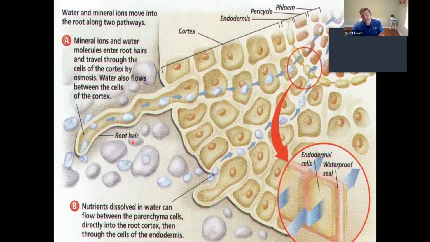Whereas it may take minutes for a water molecule to move across just this little short section of a root from the soil to the xylem, once it gets into the xylem in the roots, it might be able to move hundreds of feet up a tall tree within seconds. So hopefully that gives you a visual of just how quick.